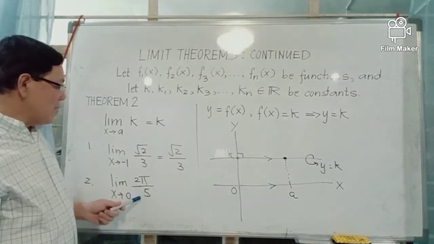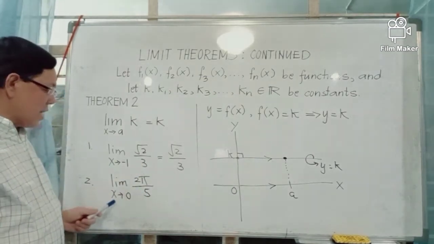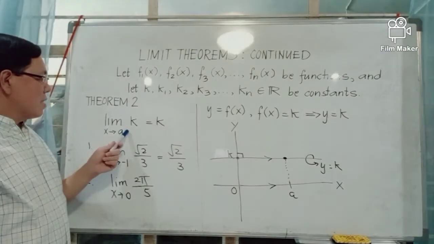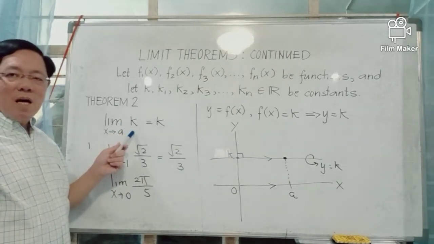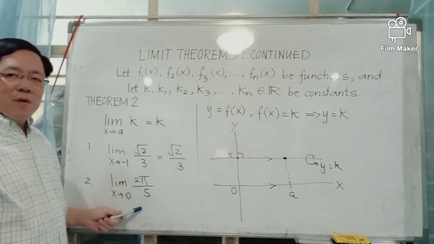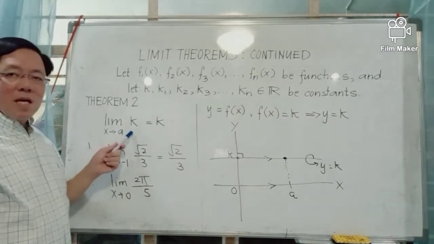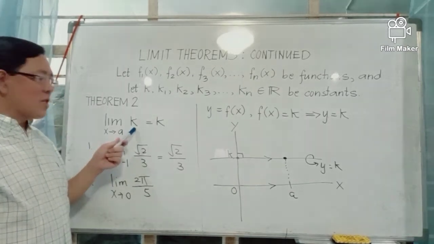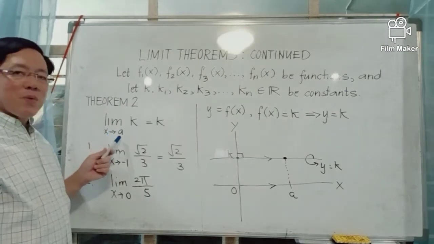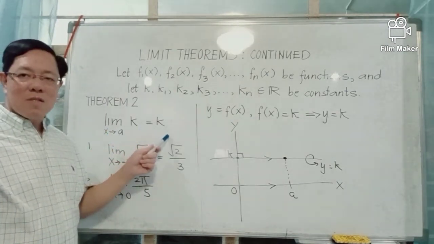And we find the limit of 2 pi over 5 as x approaches a. In the second limit theorem, your k now is 2 pi over 5. And the second limit theorem says that the limit of a constant as x approaches a is equal to the constant.